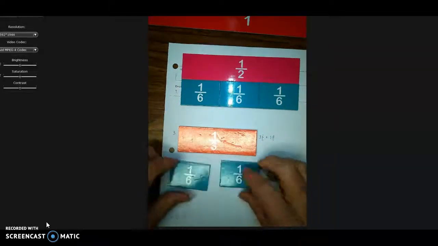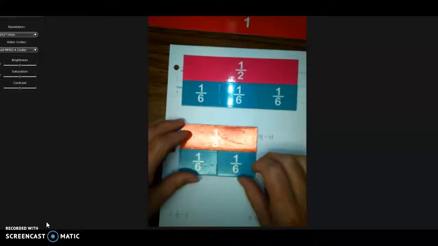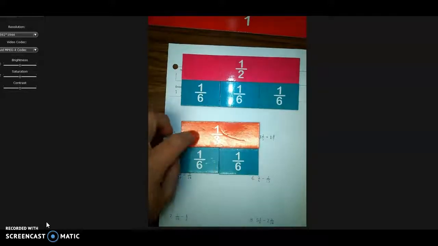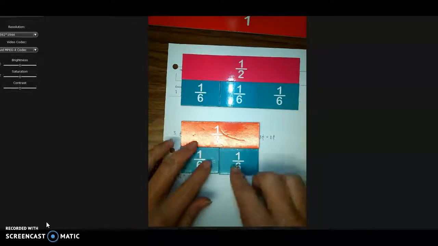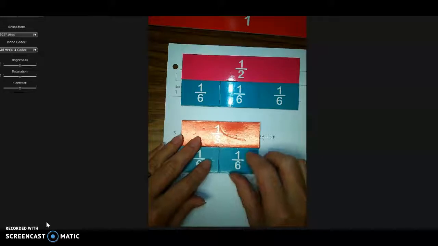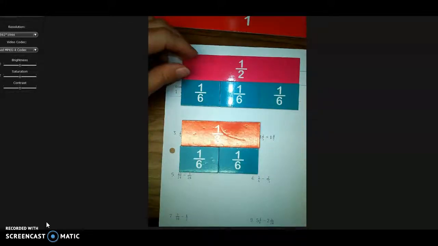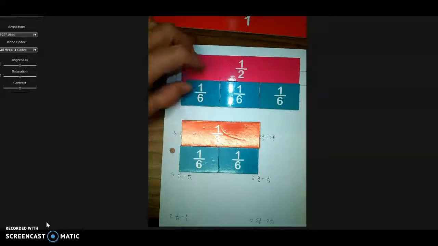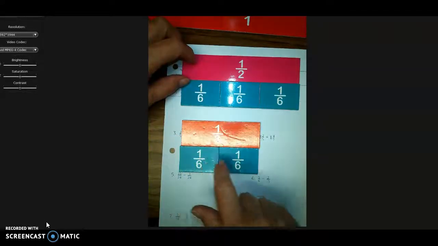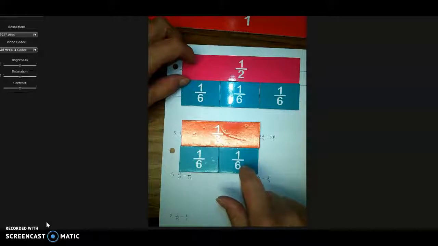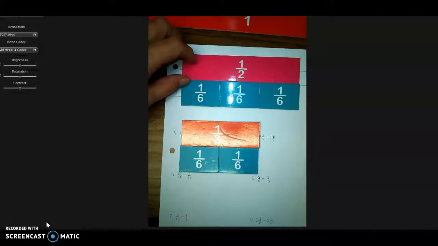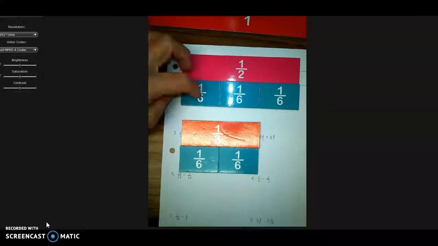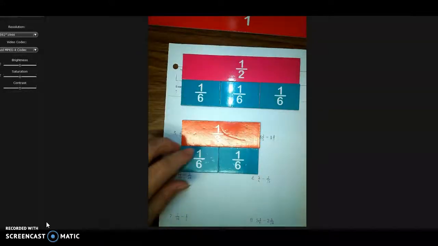With 1/3, I can see that 1/3 can be 2/6, which means that 1/3 is the same amount of my chocolate bar as 2/6 of it is. Once I have them as the same size, I can't say 1/2 and 1/3 and come up with how much is gone, but I can say 1, 2, 3, 4, 5 sixths have been eaten. So that's how I will be able to do them, but I have to have these same size pieces.